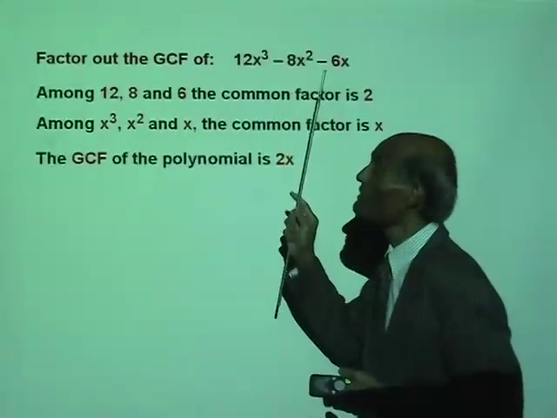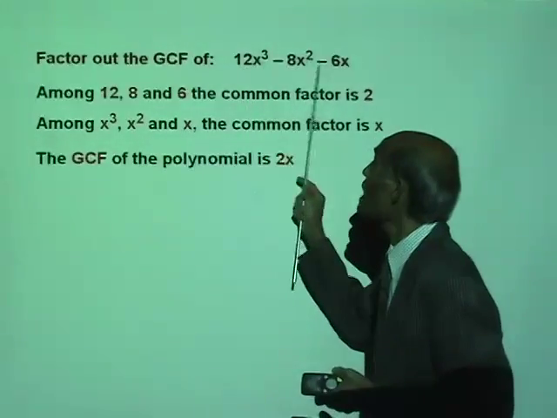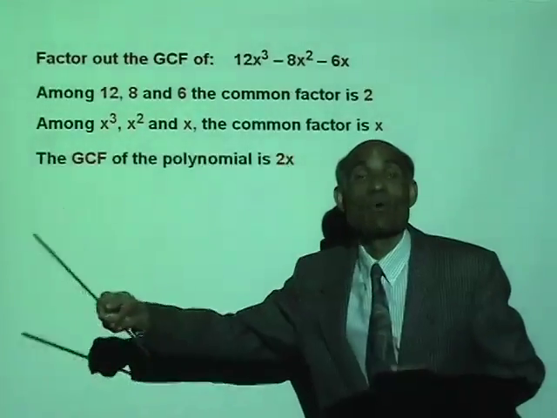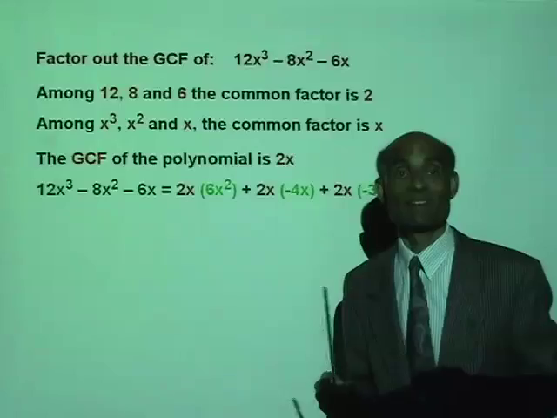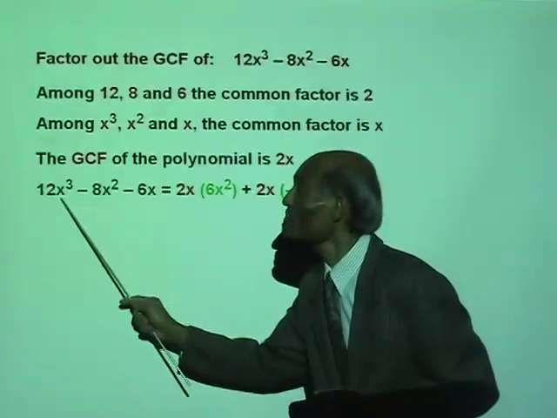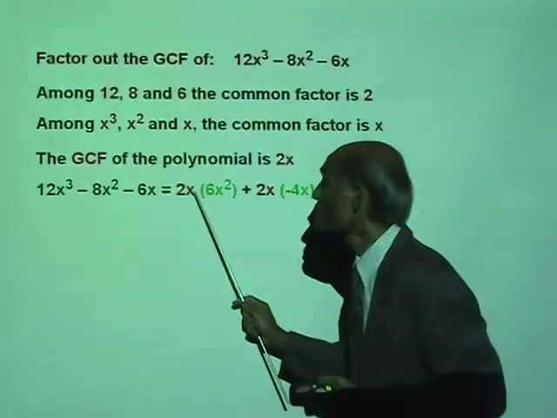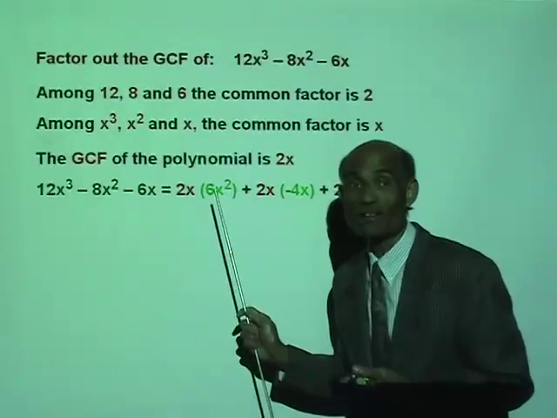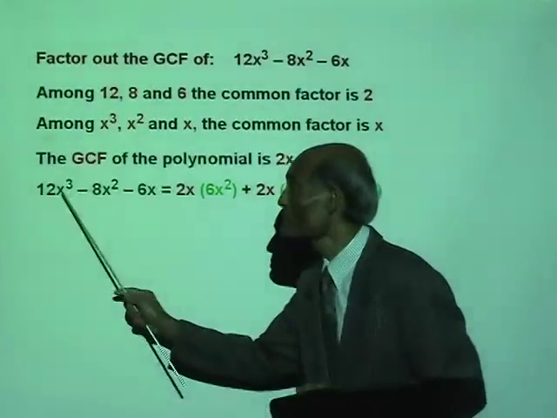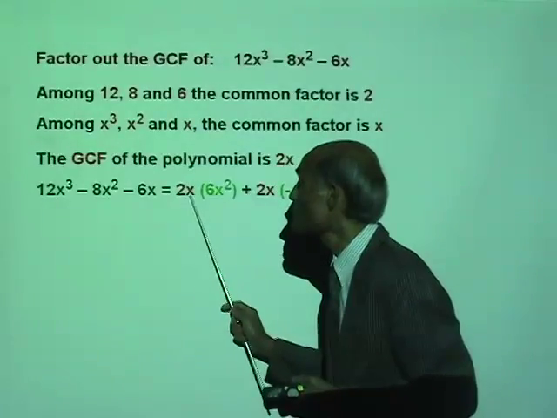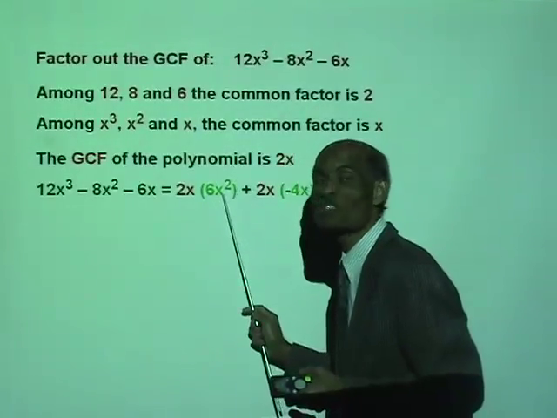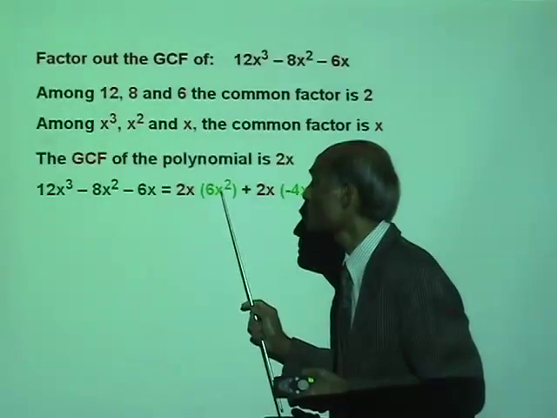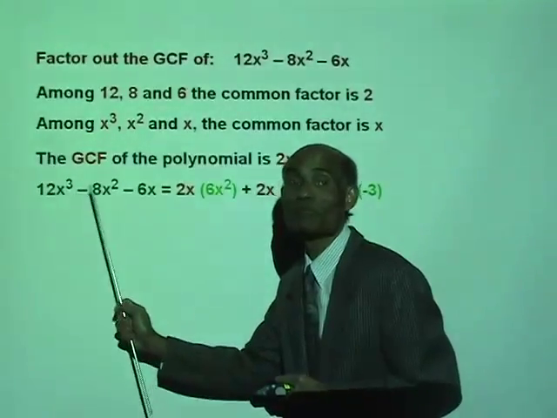Okay, now can you write each of these terms as 2x multiplied by whatever is remaining? Look at this. 12x cubed is written as 2x multiplied by 6x squared. Do you understand that? 12x cubed is 2x multiplied by 6x squared. You see, 2 times 6 is 12. X times x squared is x cubed.